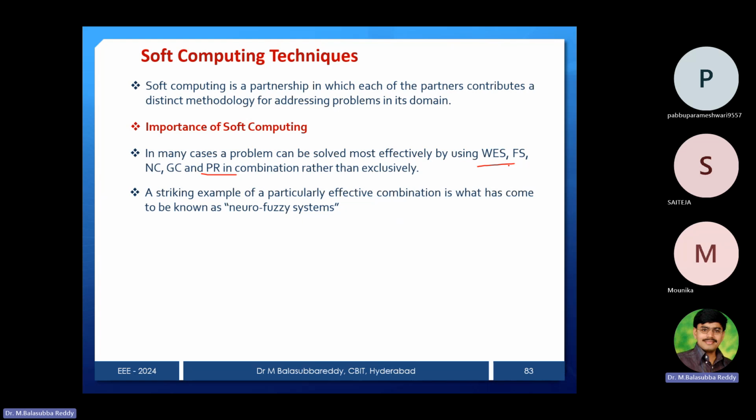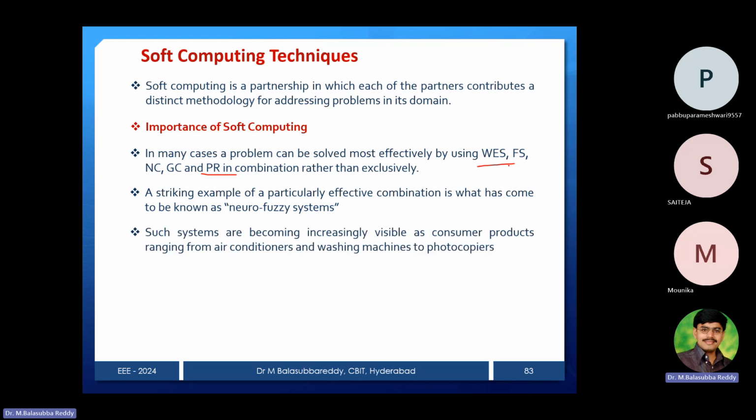So what they do is that individual algorithms can be mixed. Why do they have to mix? Because some algorithms have their own advantages, and some have disadvantages. The advantages of the different algorithms are combined into one hybridization, so that our problem will be solved effectively.